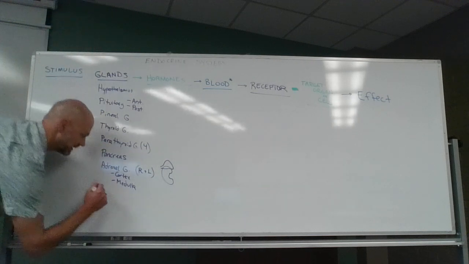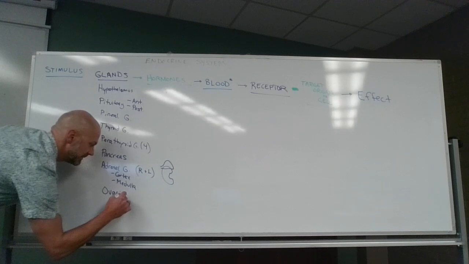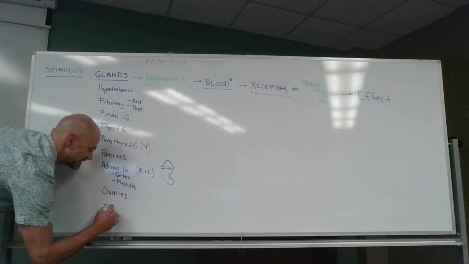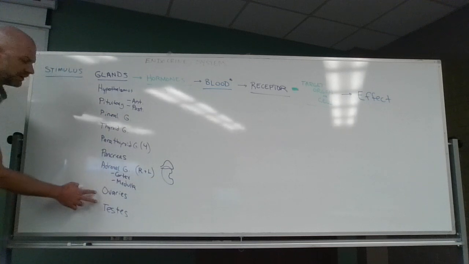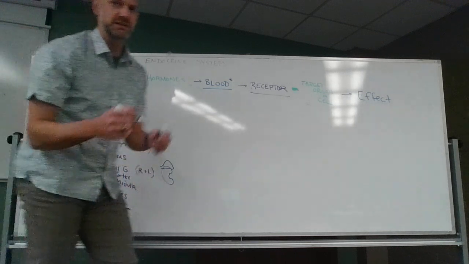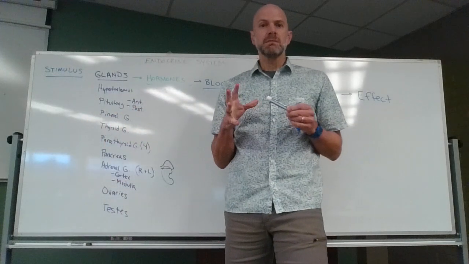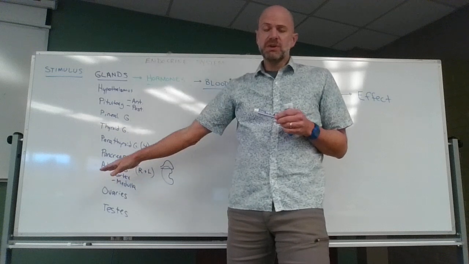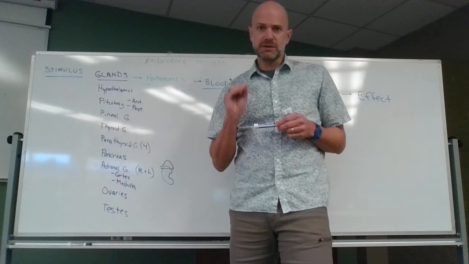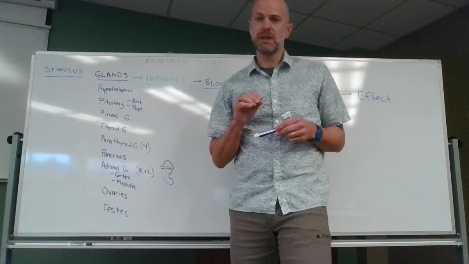Of course, these are the ovaries in females, and the testes in males. Okay, also legitimately part of 2 systems, the endocrine system and the reproductive system. Okay, these are all what we call the primary endocrine organs. The main thing that they do is an endocrine function.